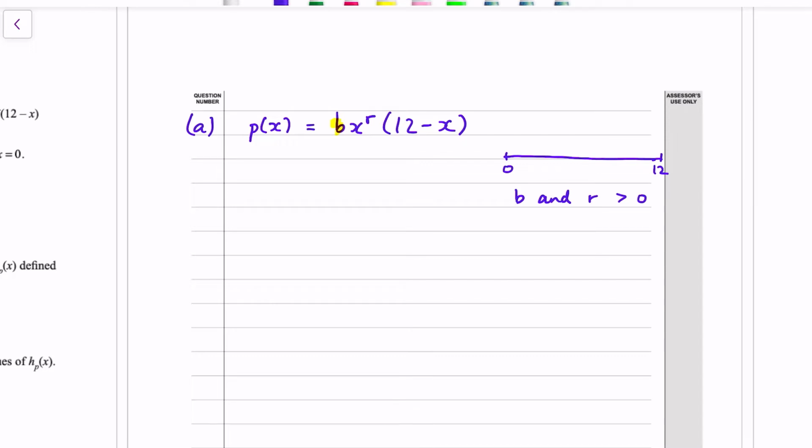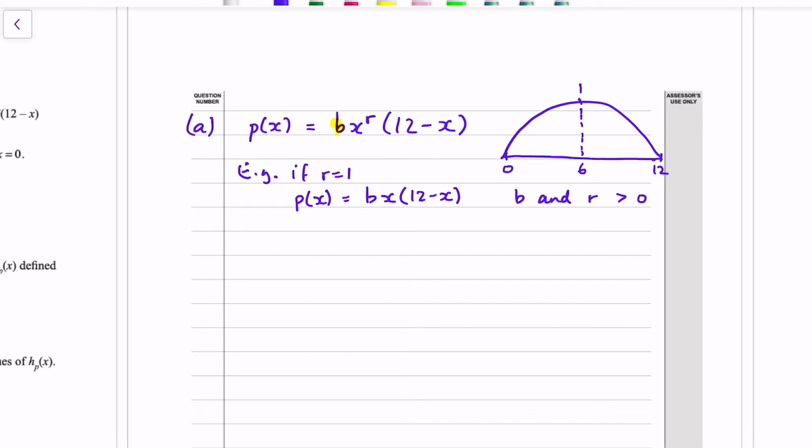Then our density equation becomes b times x times (12 minus x), which is a negative parabola with roots of 0 and 12. If the density is maximum right in the middle of the rod and lowest at the ends, and it's symmetrical, that would say that the centre of mass needs to be in the middle of the rod.